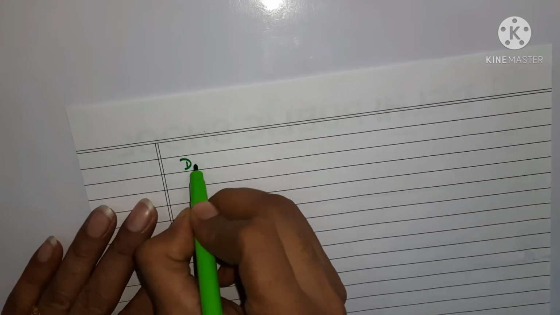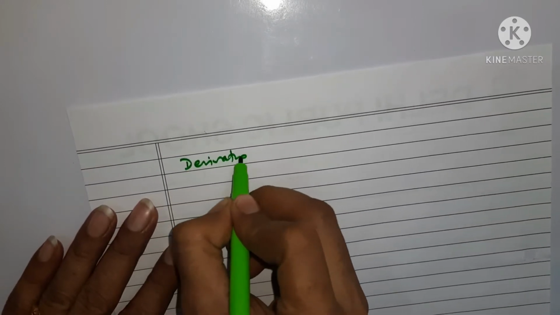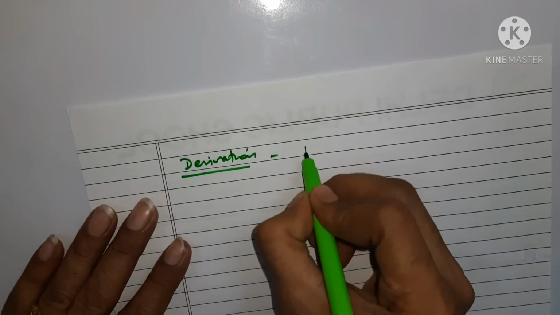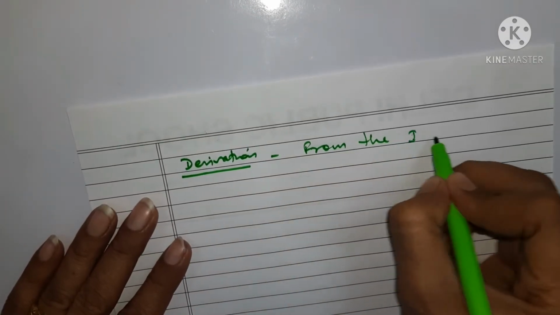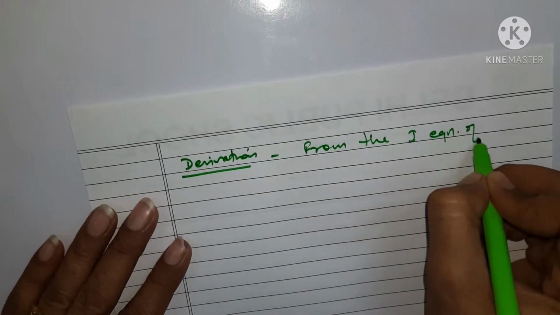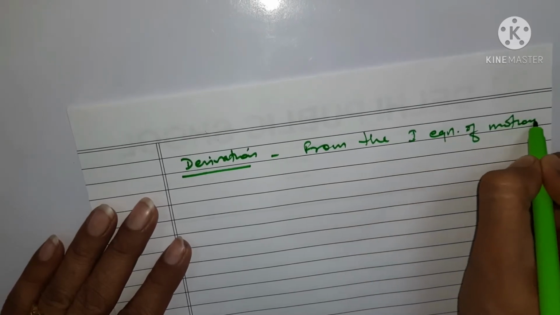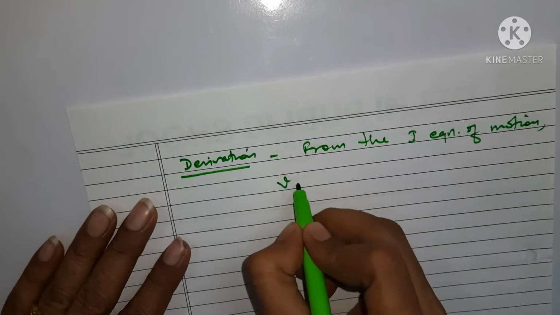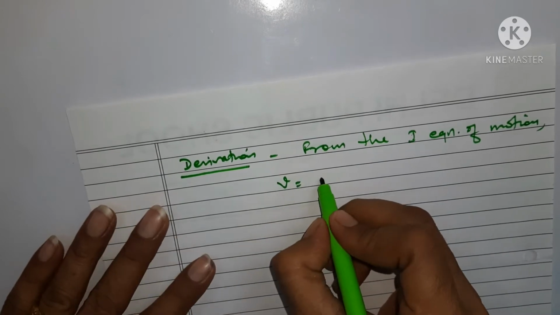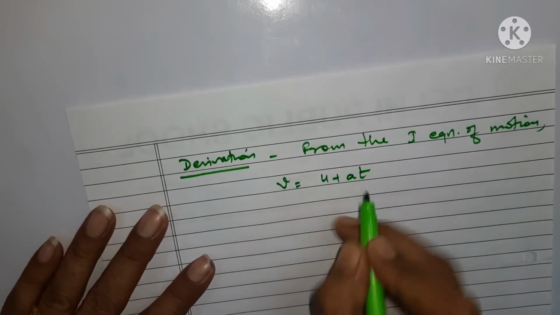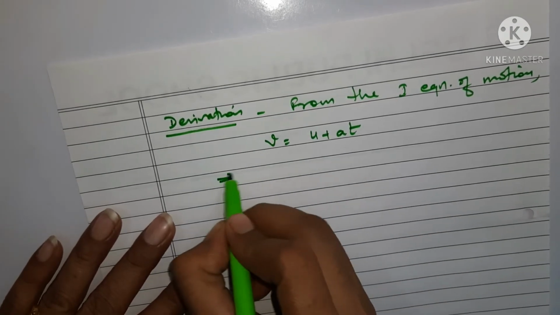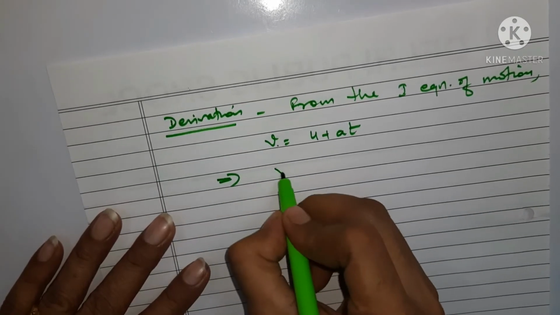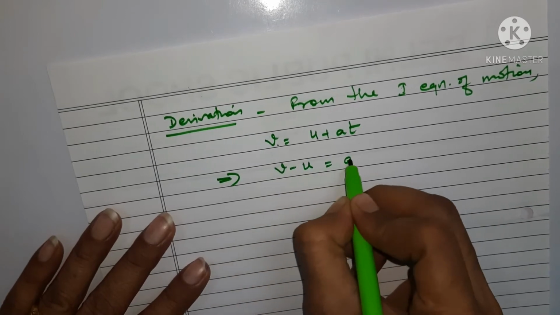Now we are starting with the derivation. From the first equation of motion, we have v is equal to u plus at. So v minus u is equal to at.